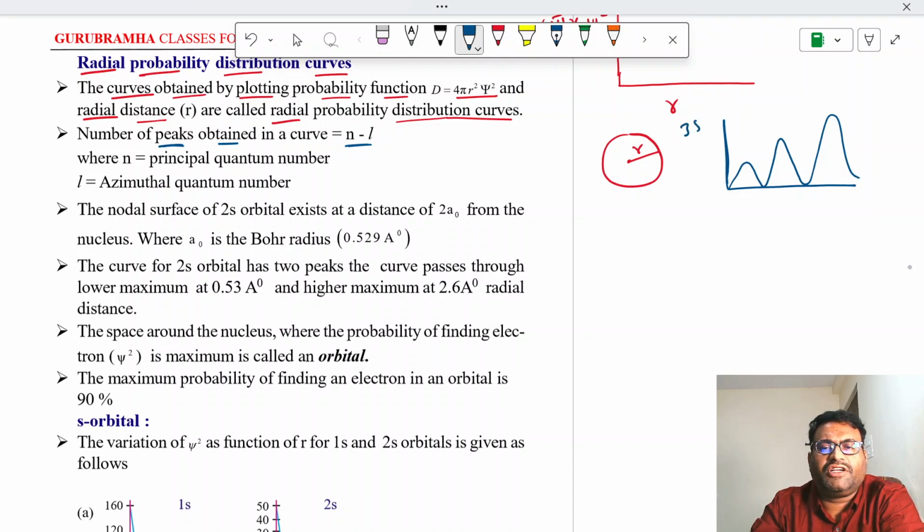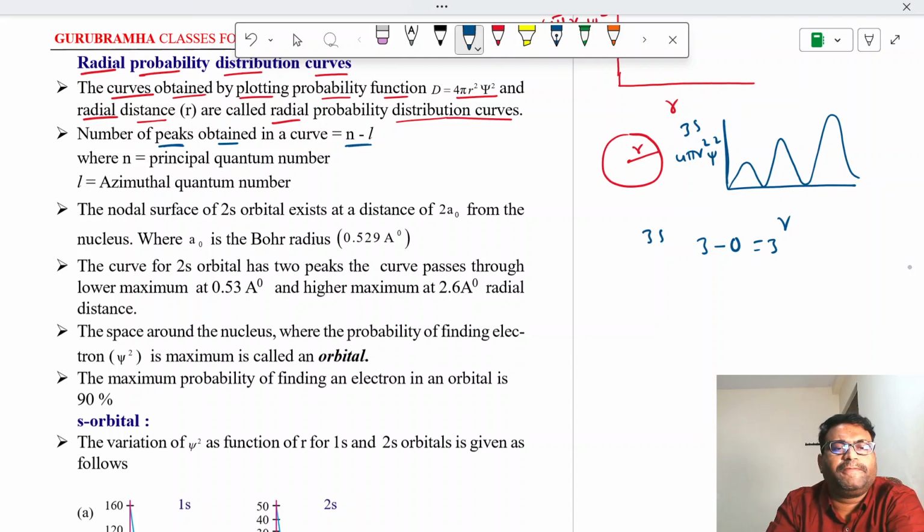This is for 3s, 4 pi r square psi square versus r. For 3s, 3 minus l, where l is 0, equals 3. So there are 3 peaks. That way you can find the number of peaks using the formula.